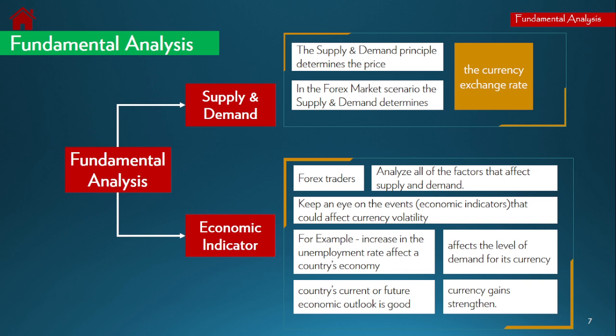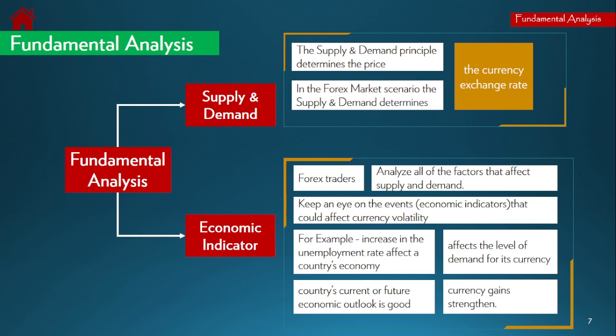Now, on the other hand, we have these economic indicators that forex traders use to streamline their strategy for trading on the different currencies. For example, they analyze all of the factors that affect supply and demand. They keep an eye on events, which are basically economic indicators that could affect currency volatility.